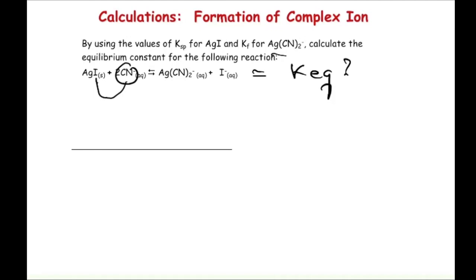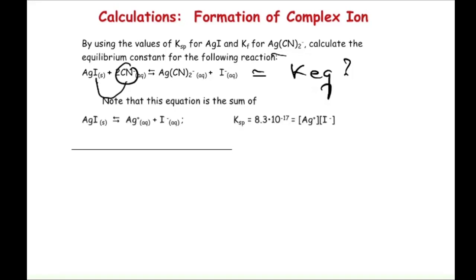In this particular problem, you're going to be given the KSP value for silver iodide. Why is that a KSP? Because it's a chemical that is dissolving.